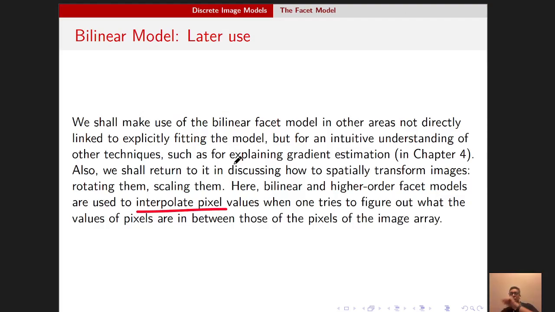In particular, I may not care about some of the terms, but I may want to know definitely about rate of change in the row direction or the column direction. When you do gradient estimation using convolutional masks, that's one of the things that you want to figure out how to do, and that is very easily done by using the bilinear model as a conceptual model.